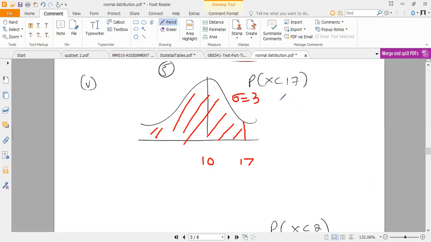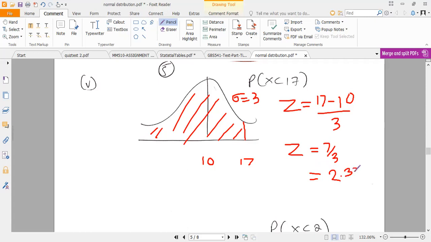We standardize. 17 minus 10 divided by our standard deviation of 3. What do we get? 7/3, which is 2.33.